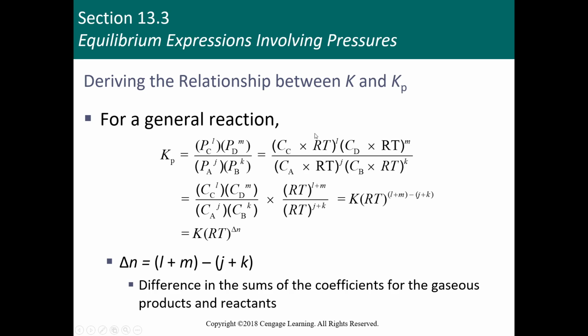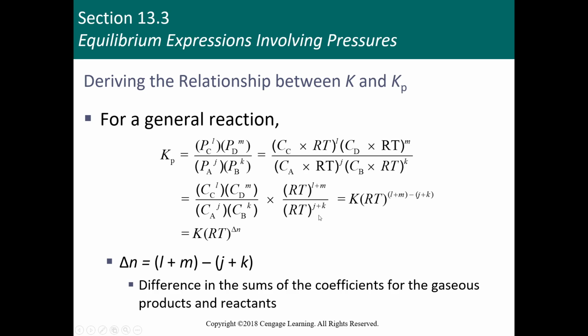The coefficient actually ends up being distributed through to each of these RTs, don't they? If we go ahead and take all of these C's to their powers and collect them up into one section, then that again is going to be our equilibrium expression in terms of concentration, right? Like this is for pressure. But what we see is those RTs, they don't cancel, do they? What they do is they get collected up like so.